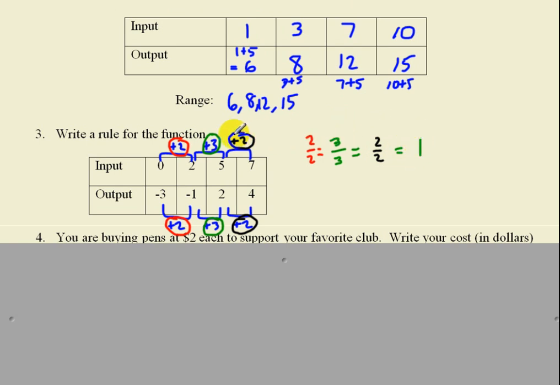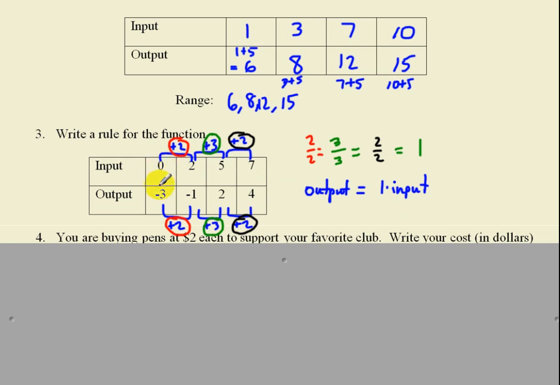And what that means is we're going to multiply our input times 1, and then we might have to add or subtract something. So the output equals 1 times the input, and then to figure out what we have to add or subtract.